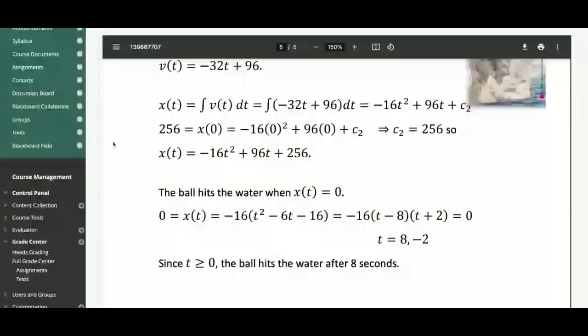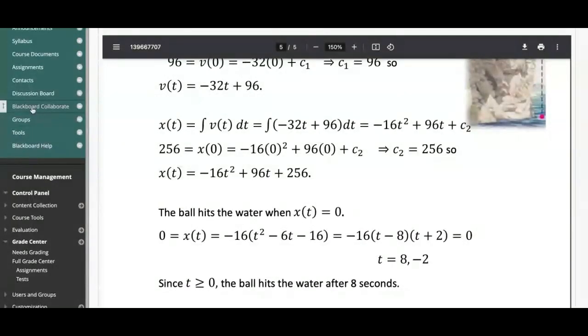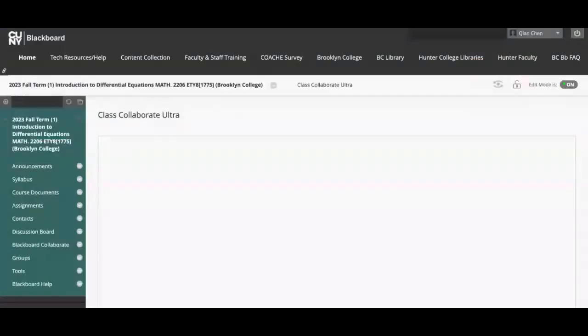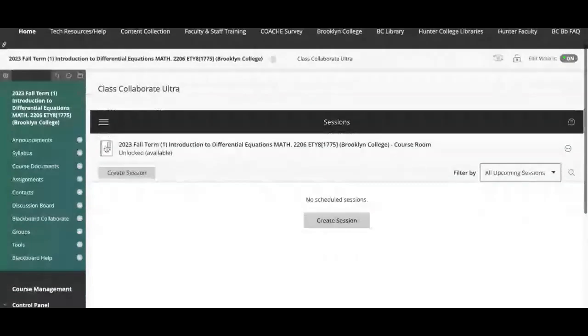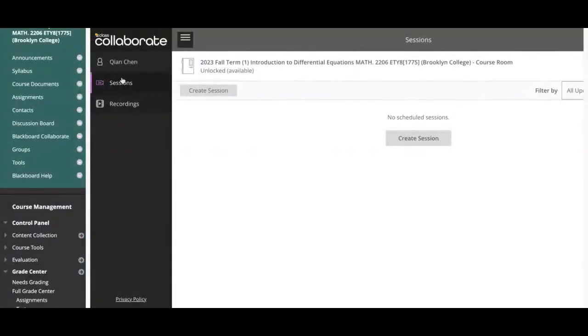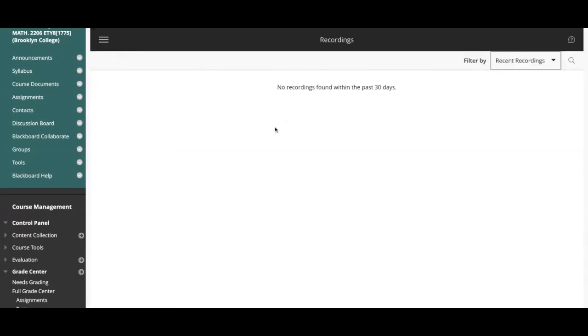When we go to classroom, we go to Blackboard Collaborate. You see this 3-bar right here? You click on this menu bar, and you see the recordings right here. Nothing's here because it's been recording.